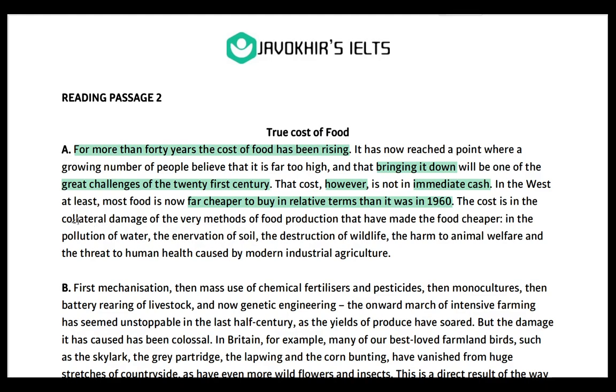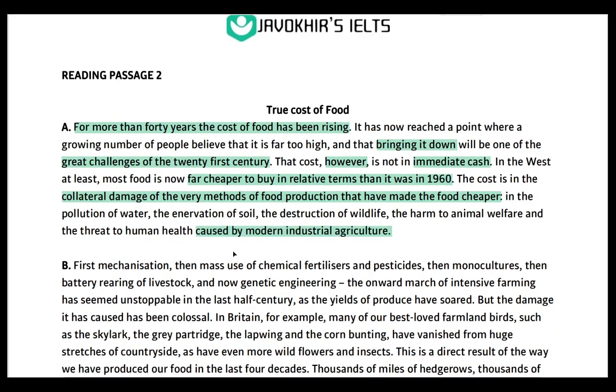The cost is in the collateral damage of the very methods of food production that have made the food cheaper: the pollution of water, the innovation of soil, the destruction of wildlife, the harm to animal welfare, and the threat to human health caused by modern industrial agriculture.